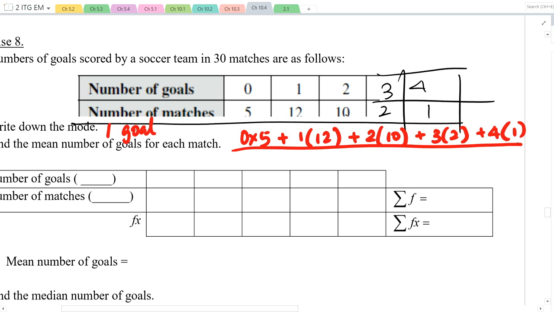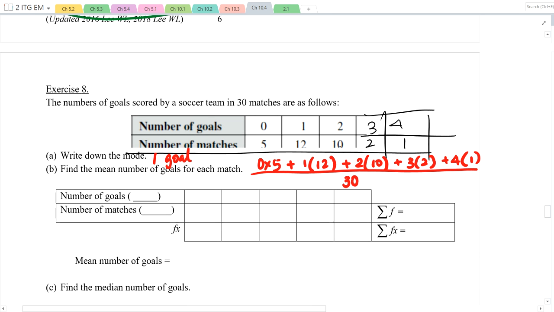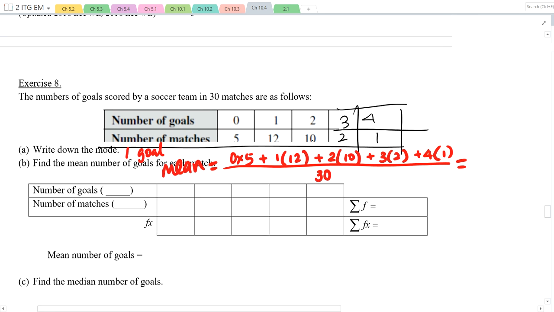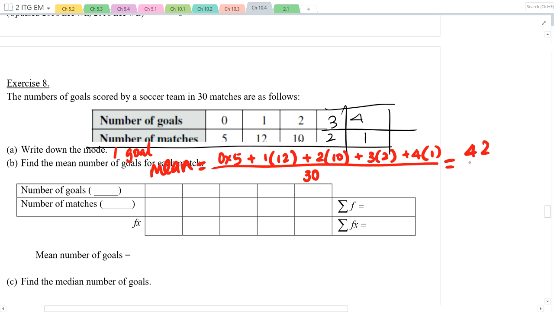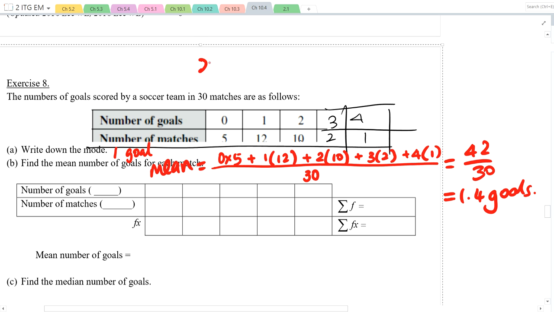Do I need to add again? 5, 12, 10, 2, 1? No lah, the question already told me it's 30. So this gives me my mean number of goals. Mean equals to this. 42 over 30. Which is 1.4 goals.